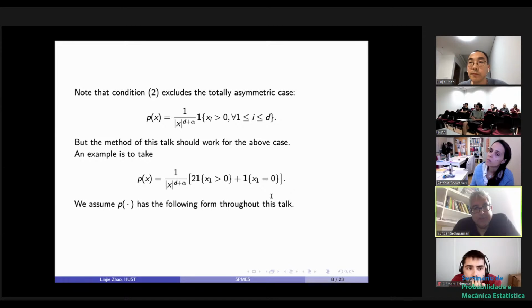For instance, if you take this totally asymmetric jump rate, which is at the top of the screen, then with Daron Shahar, we showed tightness of the empirical measures, in the sense of subsequences, and the limit points satisfy some sort of fractional version of the Burgers equation, but we weren't able to show uniqueness of weak solutions to this fractional Burgers equation.